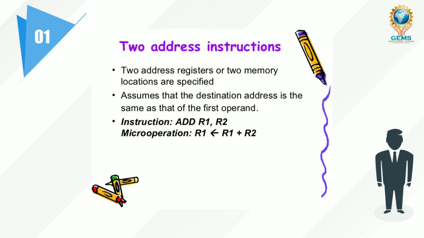If you are using 3, you call it a 3 address instruction. If you are maintaining only 2 addresses, then it is called a 2 address instruction.